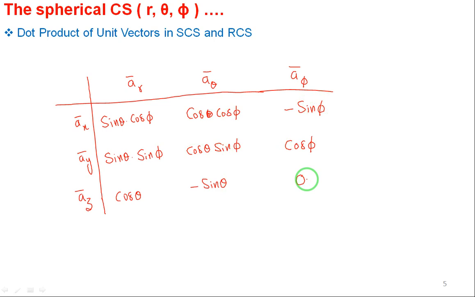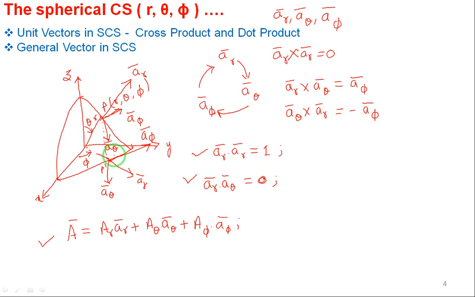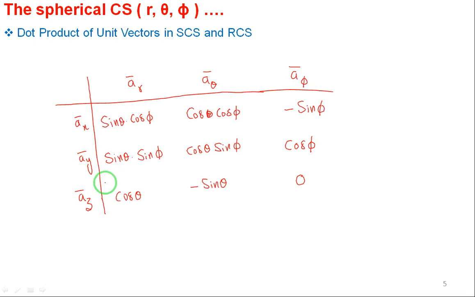This is 0. Now I will explain only the first combination, ax dot ar, how I get sin theta and cos phi. Just observe the diagram. Where is ax, where is ar? I will go to the previous slides. You can see here this is ax, and this is ar. So the angle between them is phi. Already we have taken the projection r sin theta cos phi by the diagram, so the same thing we have written here.